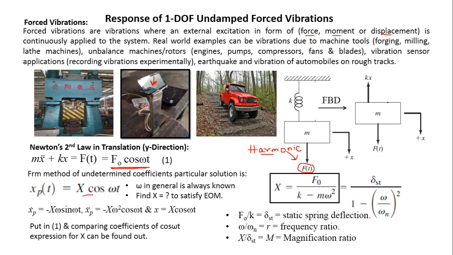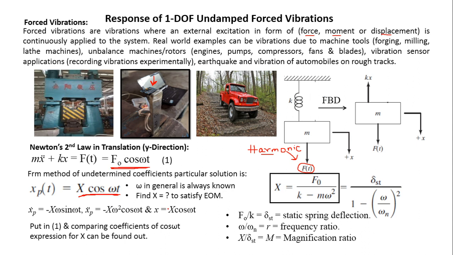So this is also harmonic. If the input excitation is harmonic, the output is also harmonic. And with this X as an unknown, please note that again omega is the same. So when you apply a forcing function or excitation with a frequency omega, your inertia element, that is this mass, will start vibrating with the same frequency omega.